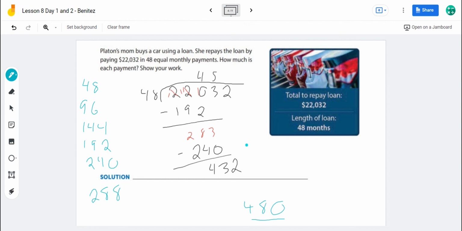I'm going to say 48 times 9 is going to give me 432. Let's check it. 8 times 9, 72. So 2, carry the 7. 9 times 4, 36. Plus 7, 43. So 48 goes into 432 exactly 9 times.